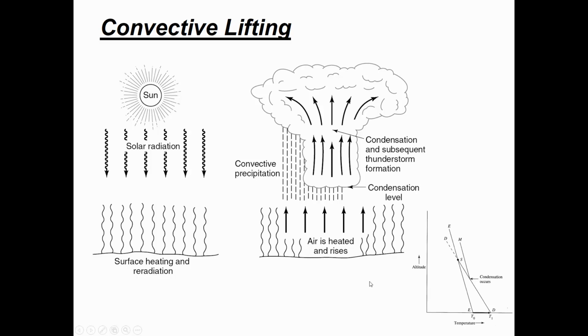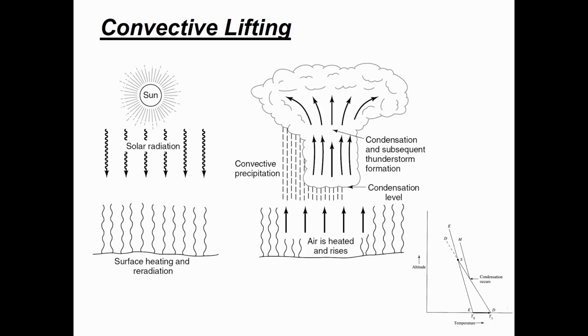So convective lifting, essentially what you're having, this diagram is just kind of illustrating the adiabatic lapse rate of air cooling as it lifts, and there's a point at which condensation occurs, and that's where the air has now cooled to the dew point of the surrounding air.